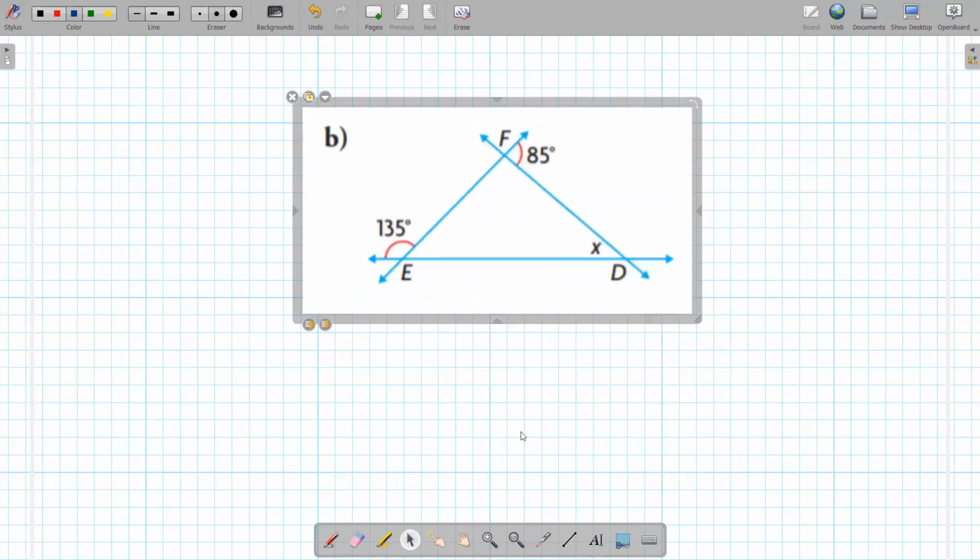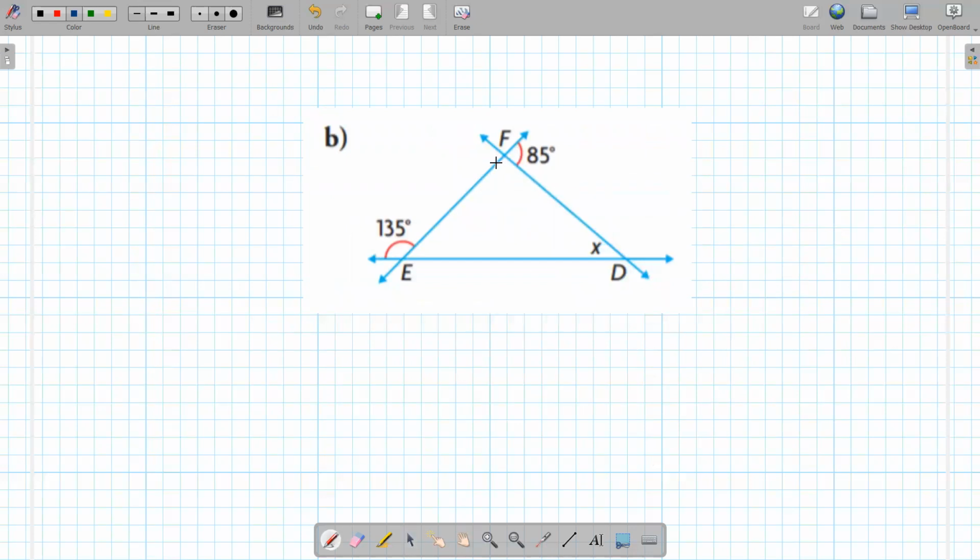This one's also pretty simple. This is 85 again. You see this is a straight line. The angle on the top on the inside is going to be 180 minus 85, so that's 95. What about this angle here? 45? Yeah.